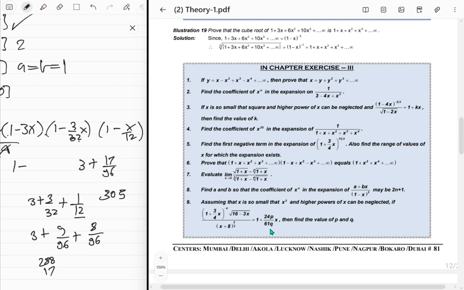And for some reason they have 61 over here. Not a thing. Why do they do this? 61. How is this looking like 61 to you? P and Q? What?